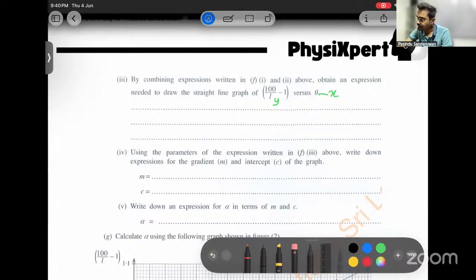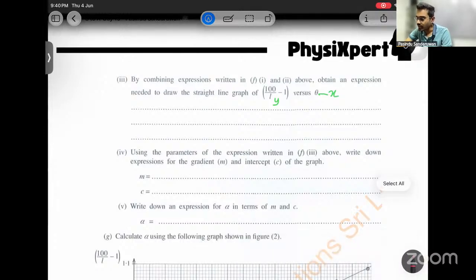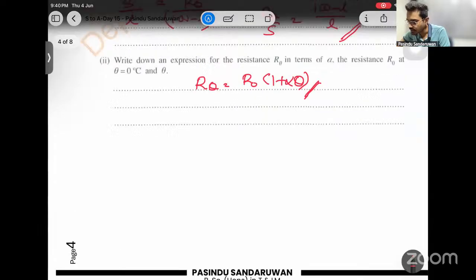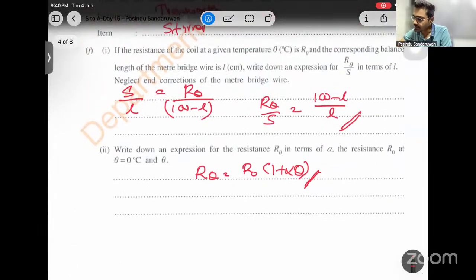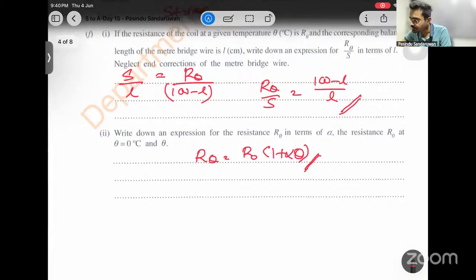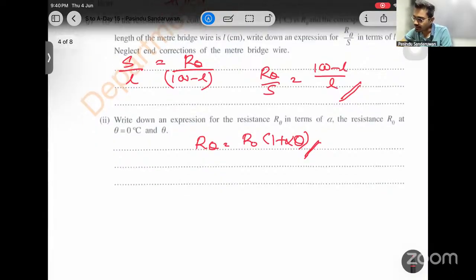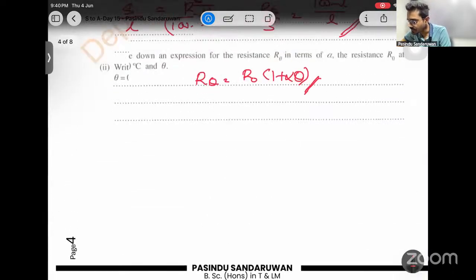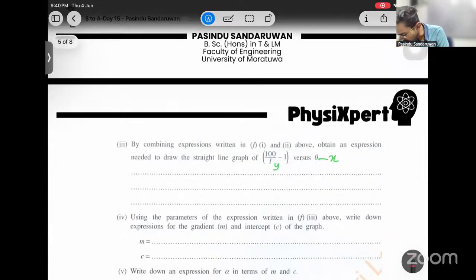Now, for R theta we have an answer here. R theta is S times 100 minus L over L. Right?